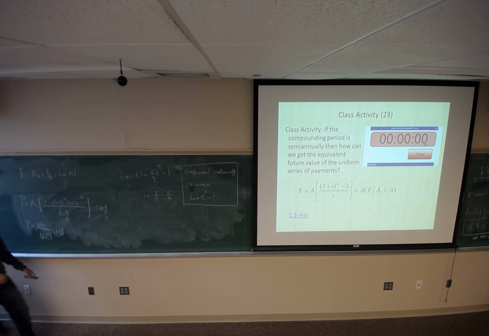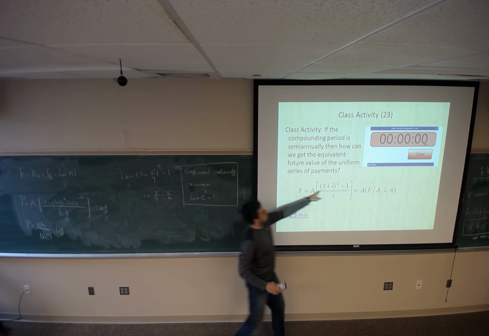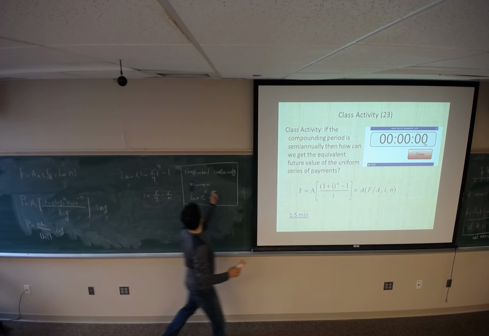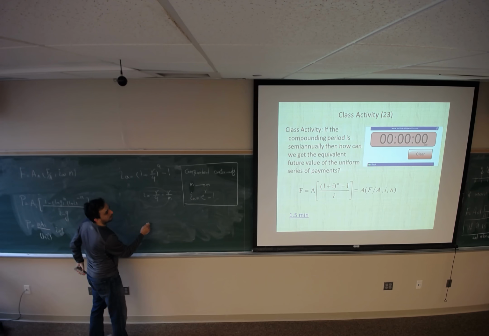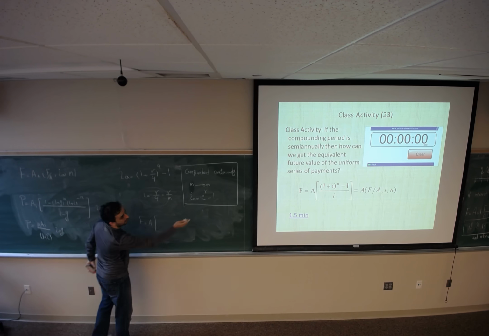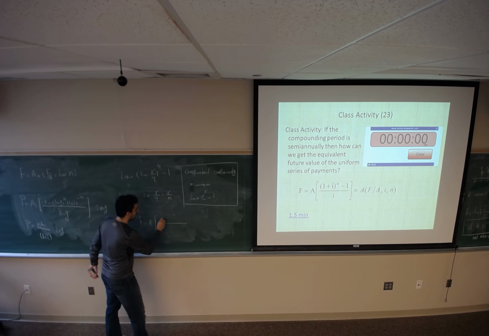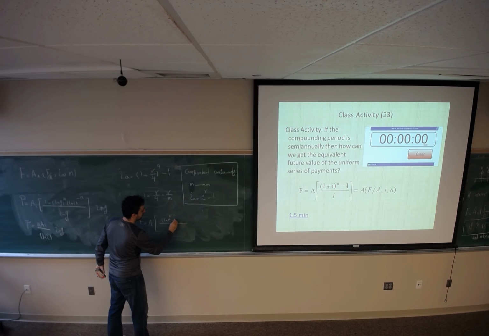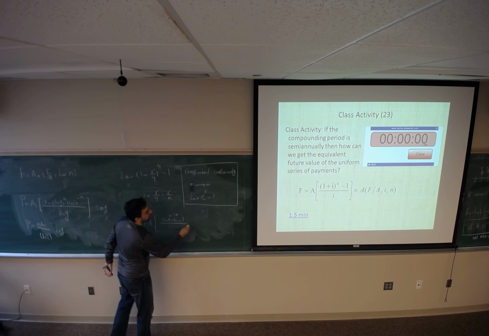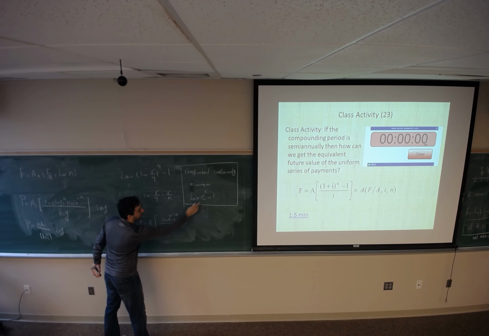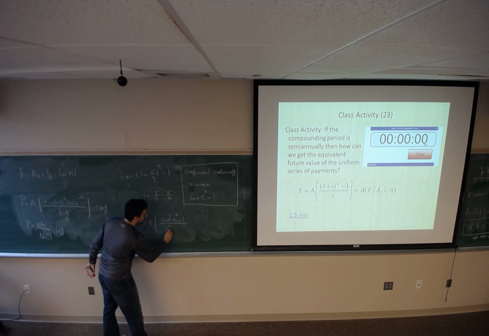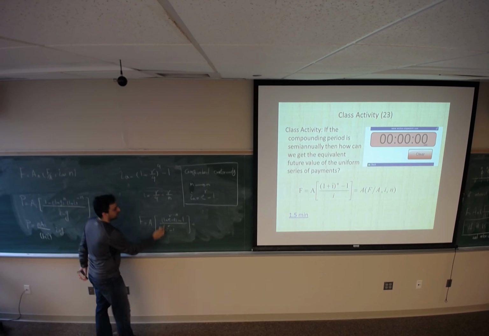So if I substitute I with IA, I'm going to get F equals A times 1 plus e to the power R minus 1, to the power N, minus 1, divided by e to the power R minus 1. The 1 minus 1 you can cancel out.